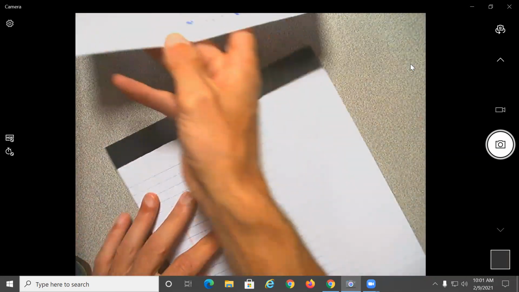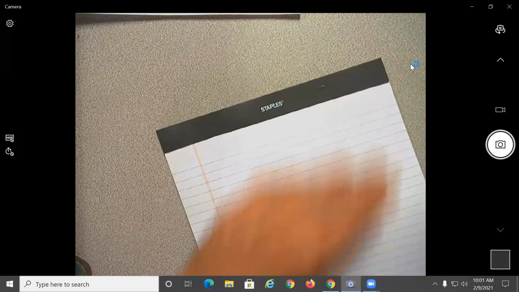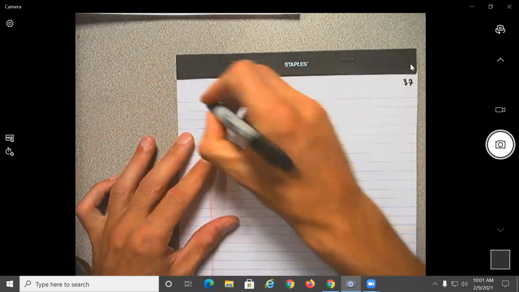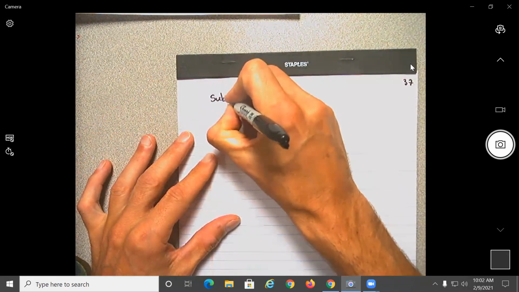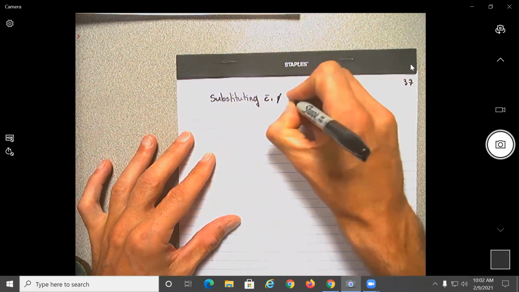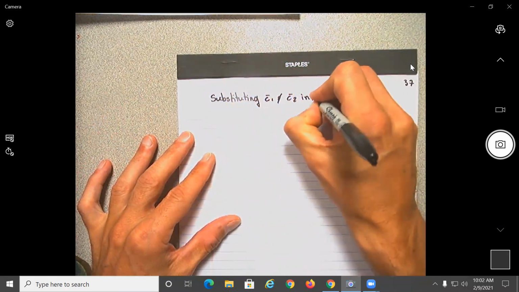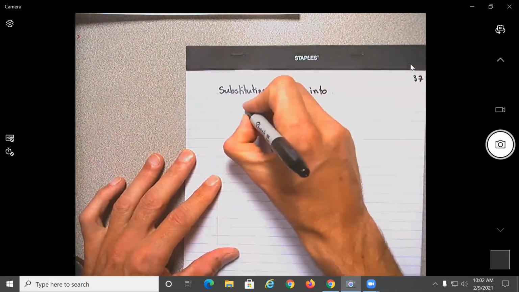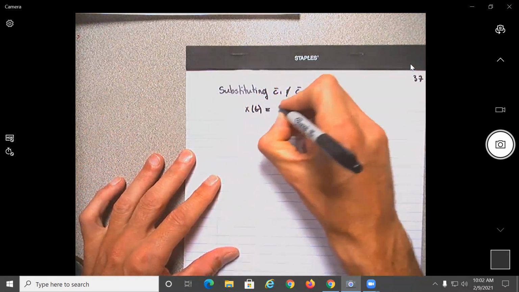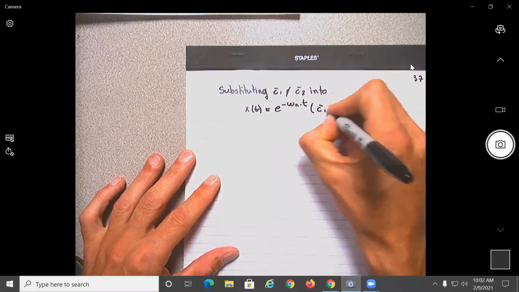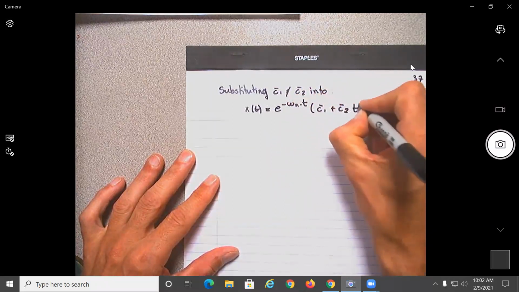So substituting C bar 1 and C bar 2 into, let me just rewrite it. I think it would just be easier, a bit more clear. X of t, exponential of minus omega n t, C bar 1 plus C bar 2.